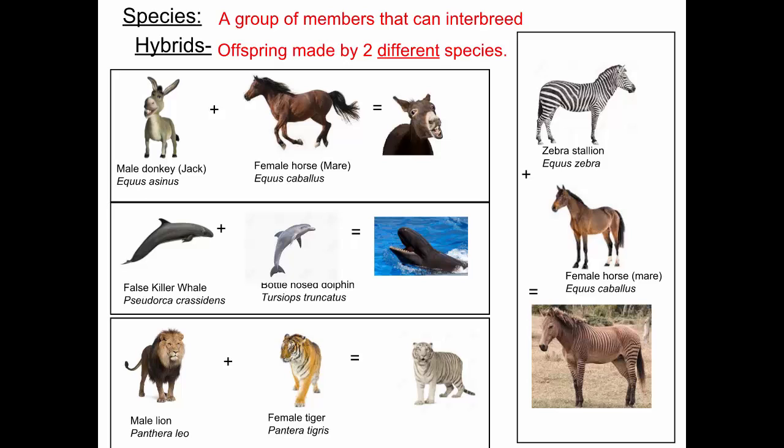Okay, they're infertile. So the most common example is when a male donkey, its scientific name, Equus asinus, is mated with a female horse, Equus caballus.